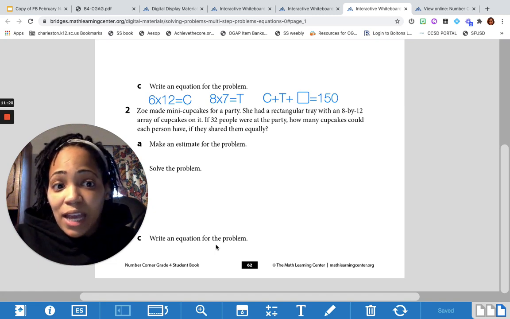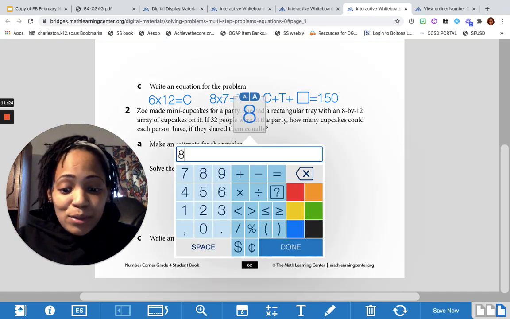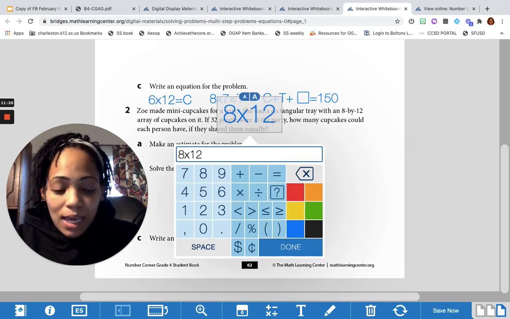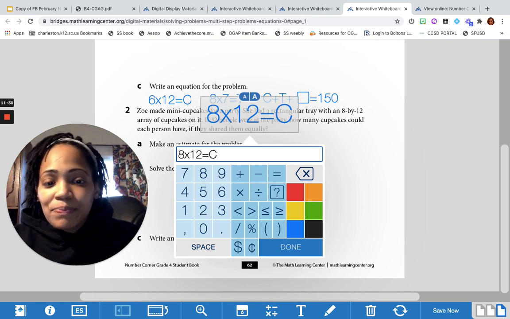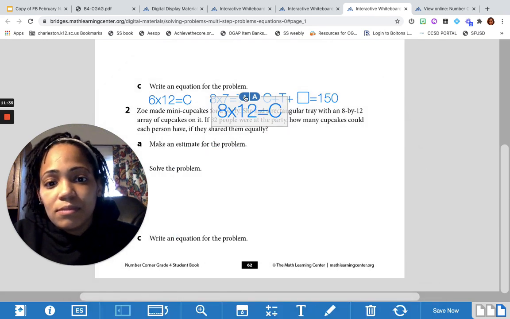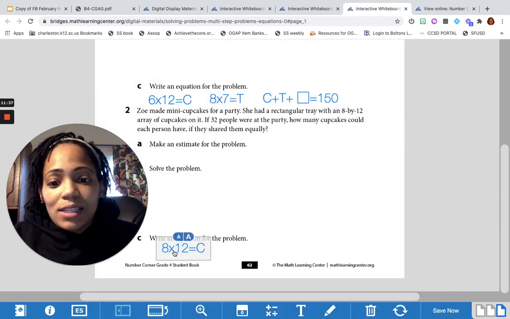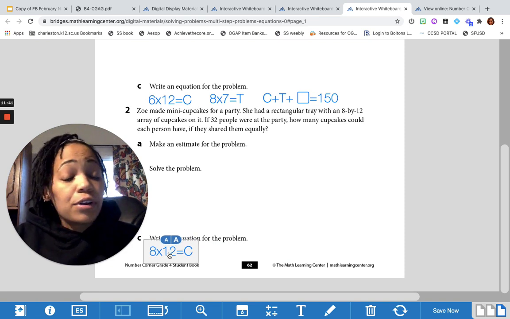Well, if there's an 8 by 12 array, that suggests to us we are doing multiplication, right? That is the amount of cupcakes. So I can label it C for cupcakes. We good there? Okay, and then it says 32 people are sharing, or 32 people are there.